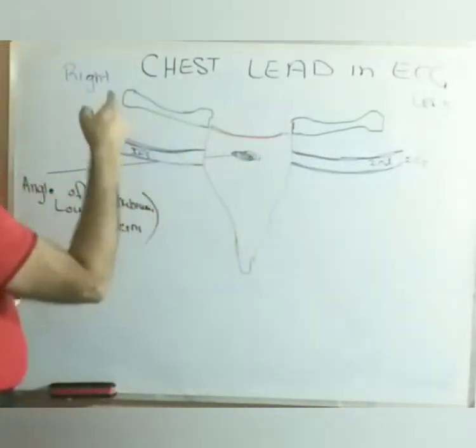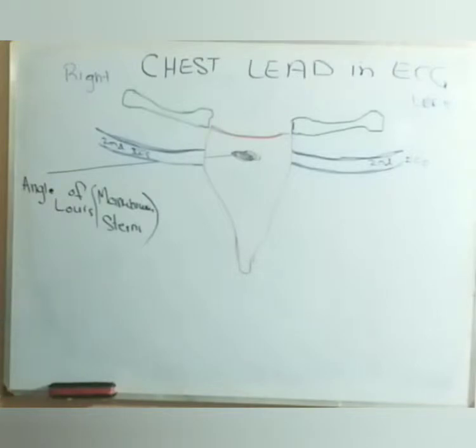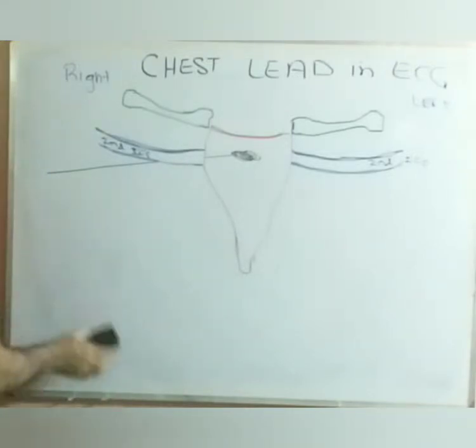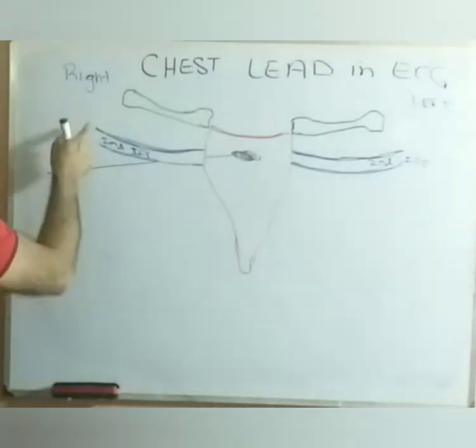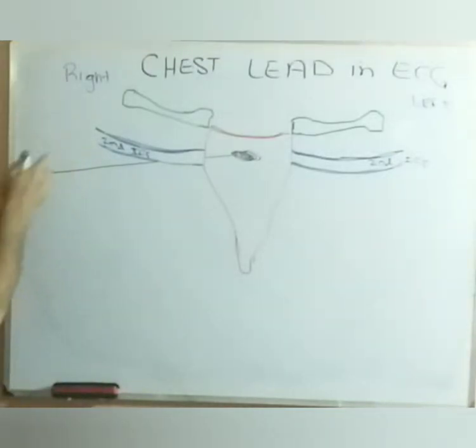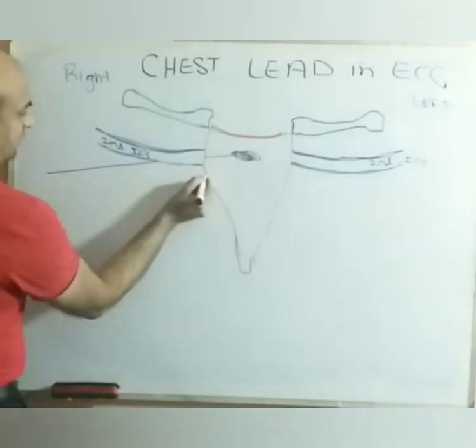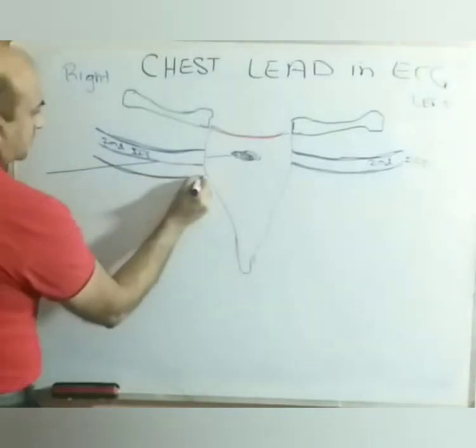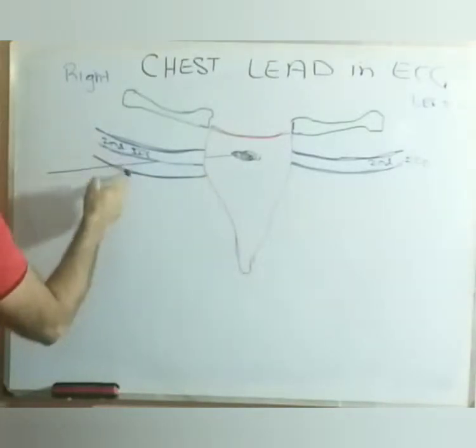So once we are there in the second intercostal space, then we go to the fourth intercostal space. This is the second rib, this is the third rib, so this is the second intercostal space. Then comes the third intercostal space. Third intercostal space is between the second and the third rib.